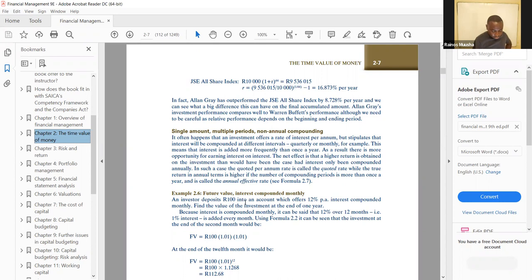And then they say, what is the value of the investment after 1 year? But the interest is being compounded monthly. So what do we know?